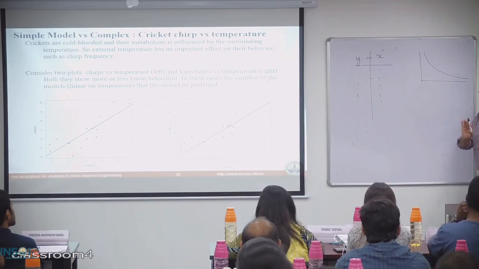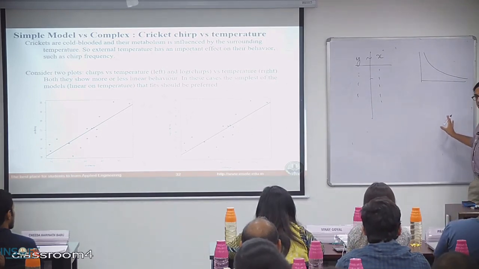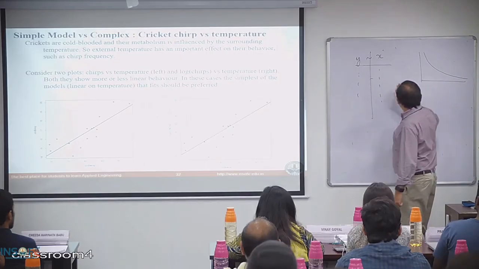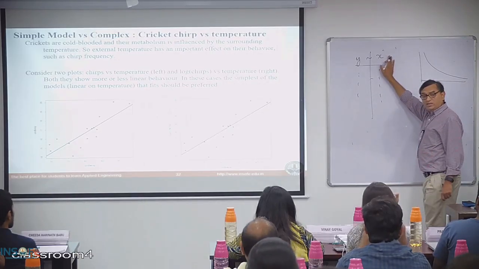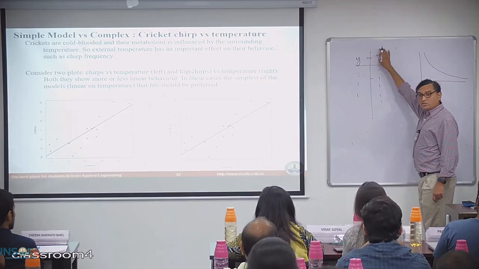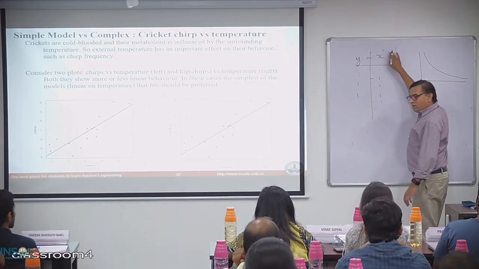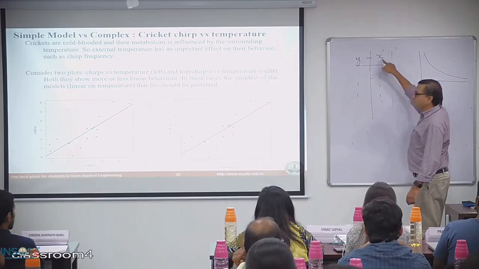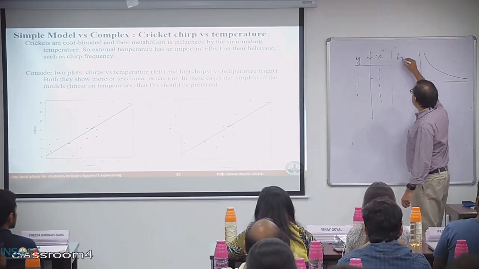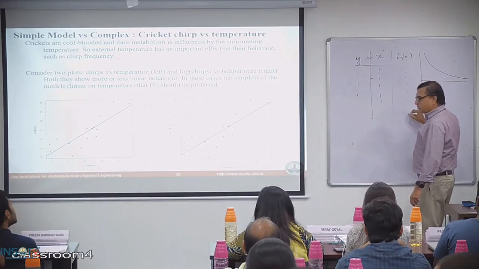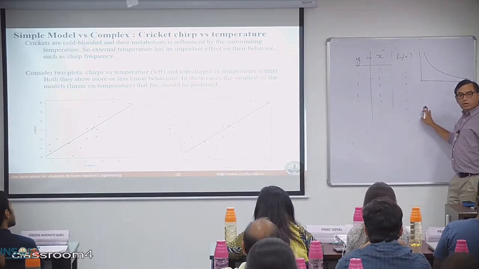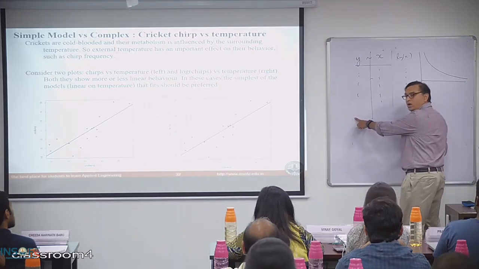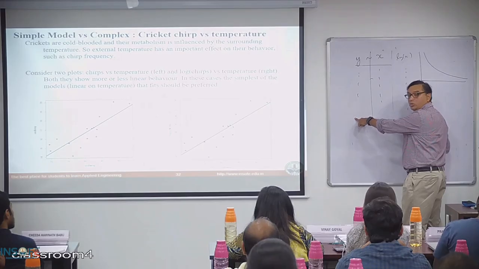The way you do this nonlinear transformation fit is the following. In this particular instance, we decided that log of x was the appropriate transformation. So in Excel, you take all of these x values, take log of x values, and compute these values. Now take these two values and try a linear fit. That's what I'm suggesting.